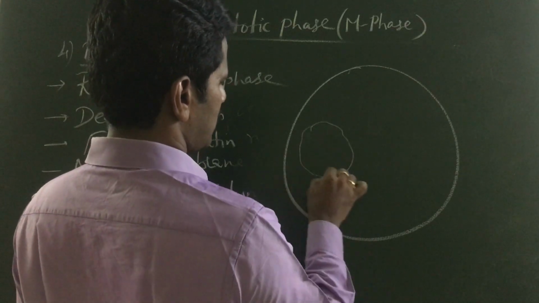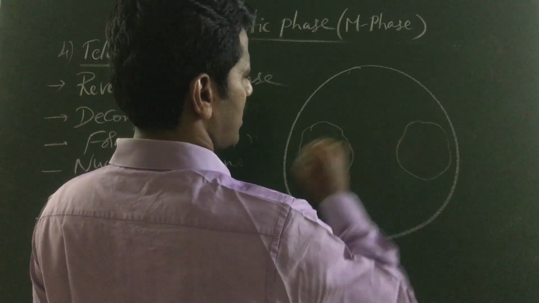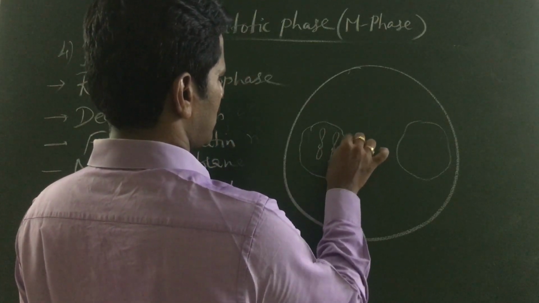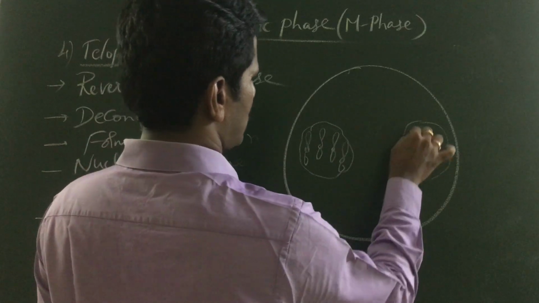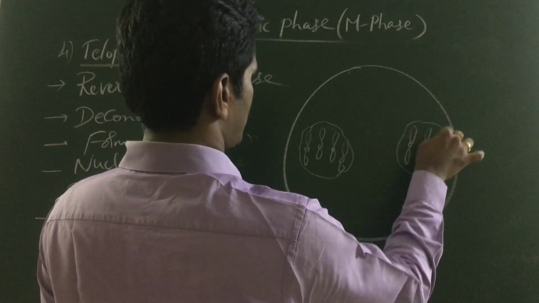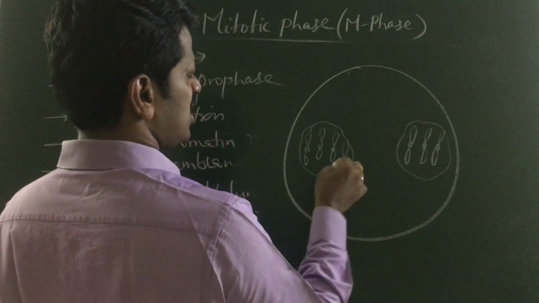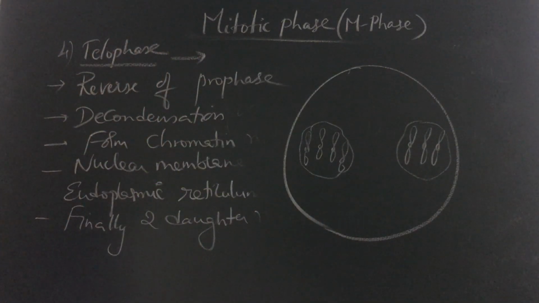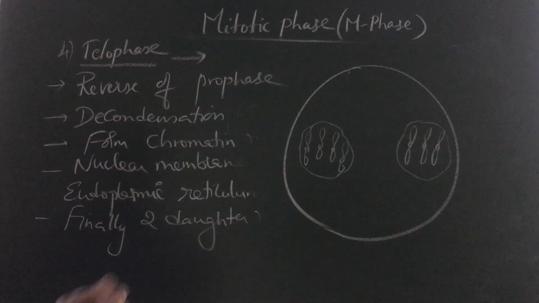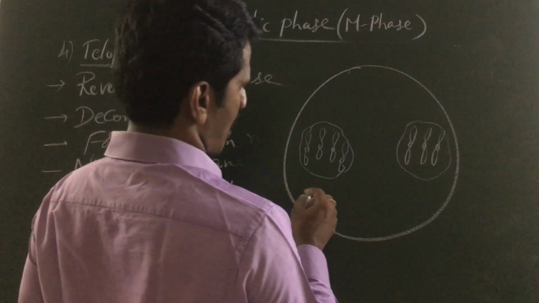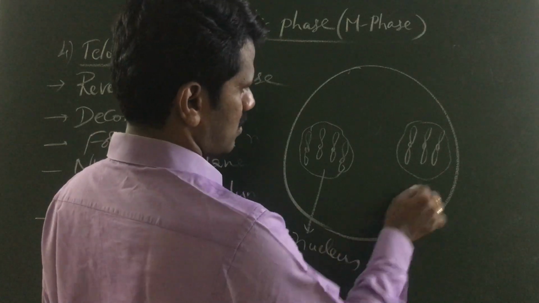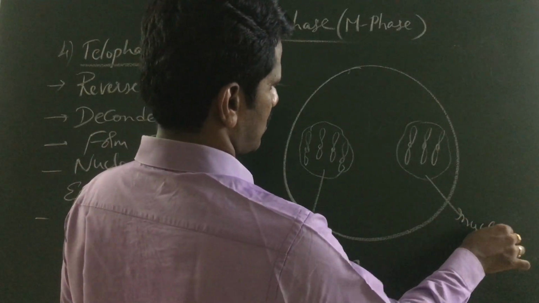So here if you see at this end and this end, the chromatids are all moving to one particular side. So when chromatids are moving, finally it is nothing but a chromosome. Why? Because it has one complete set of DNA molecules. So these are nucleus. So this is also another nucleus.